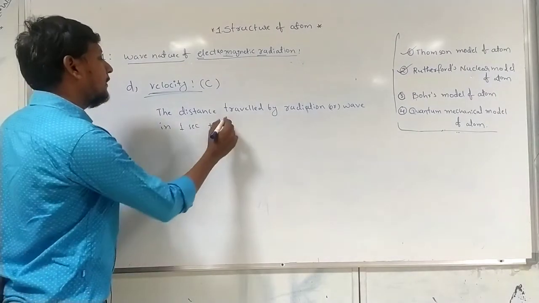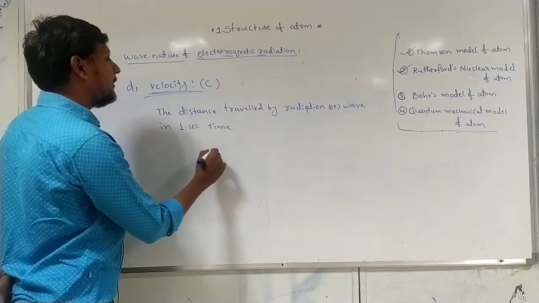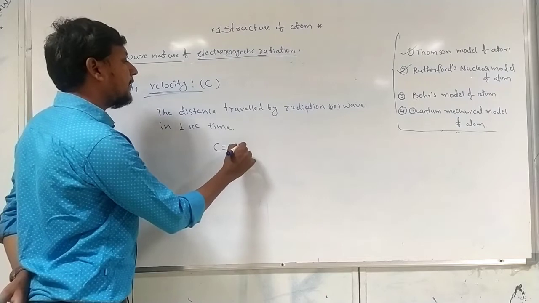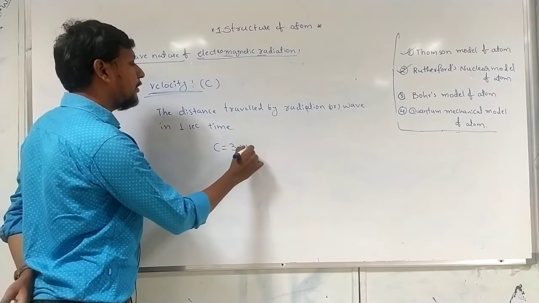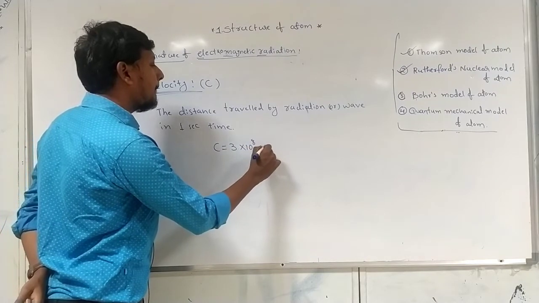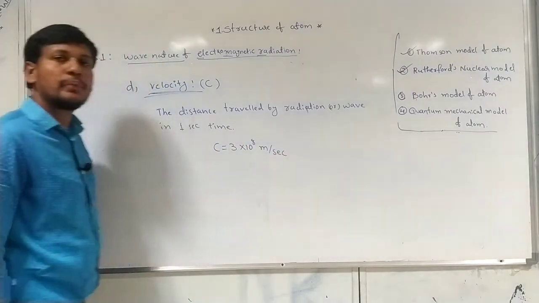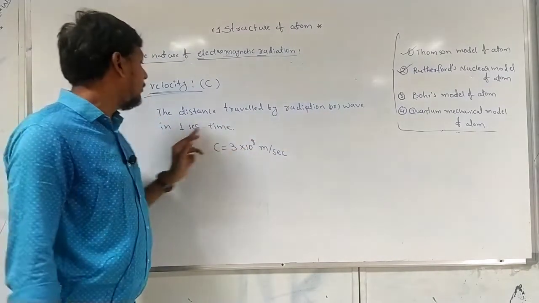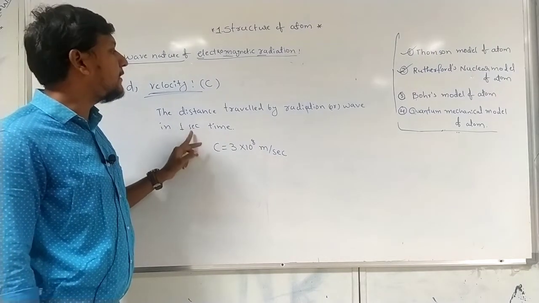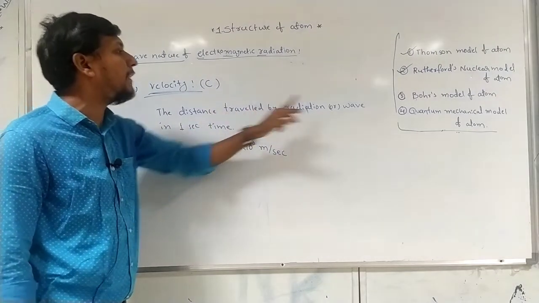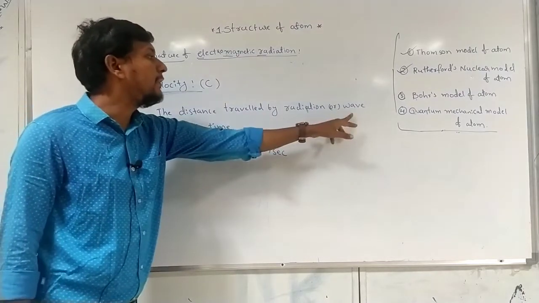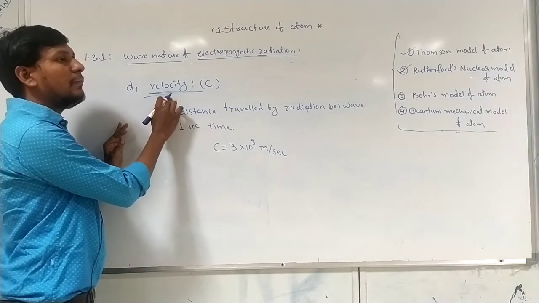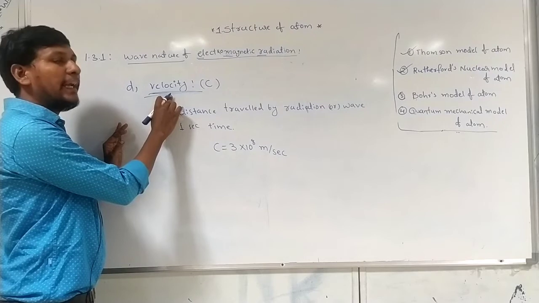Here, the velocity of light is equal to 3.0 into 10 to the power 8 meter per second. What is the definition? The distance traveled by radiation or wave in 1 second time. In 1 second, how much distance does the wave travel?